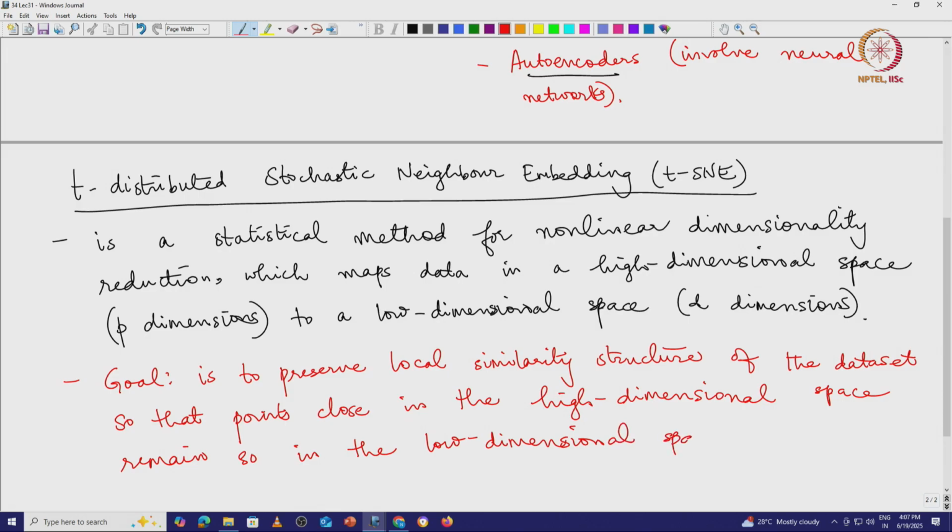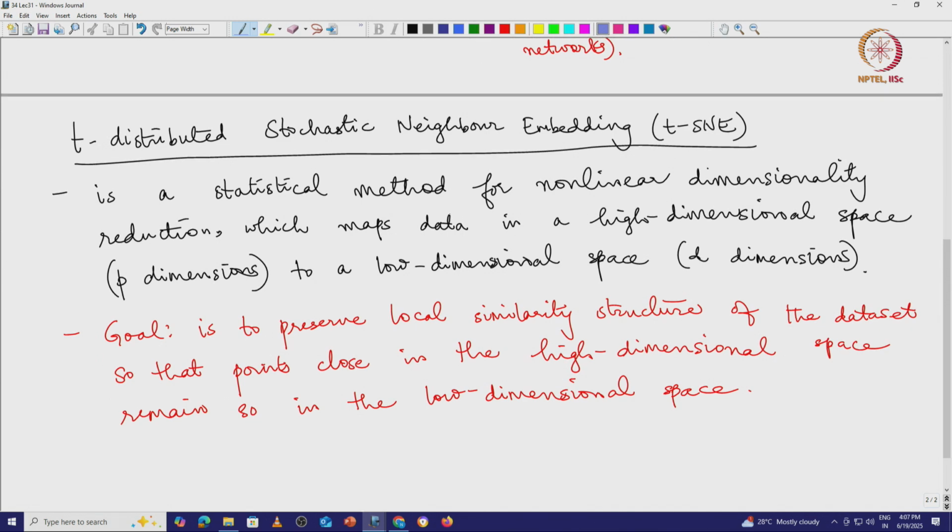So that is the target that we want to do, so that points which are more similar to each other, which are closer to each other in the high dimensional space remain close in the low dimensional space, and that is important because you do not want to lose the underlying structure of the data set. Depending on whatever application you are looking at, that could be very important, right.